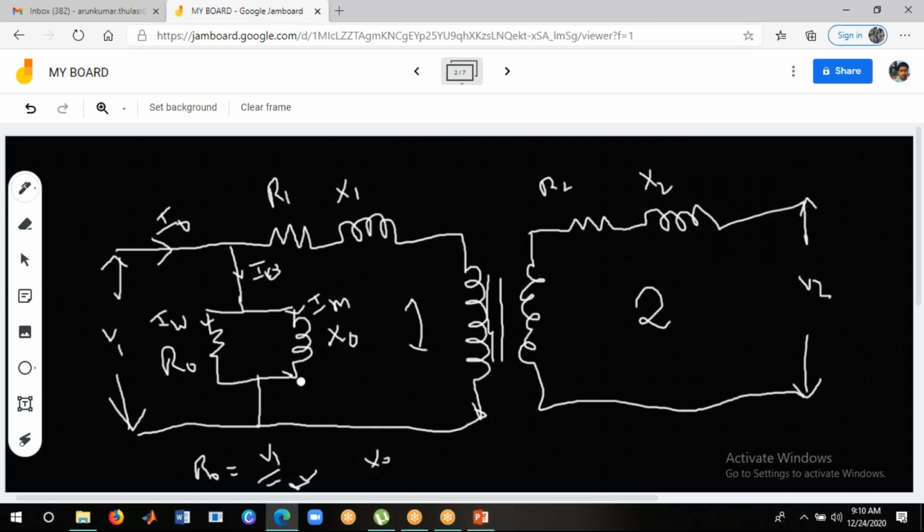So the primary circuit is responsible for iron losses and the secondary circuit is responsible for copper losses, because we connect the load on the secondary circuit only. So to know the iron losses, that is eddy current and hysteresis losses, you need to know the resistance and reactance of the core.